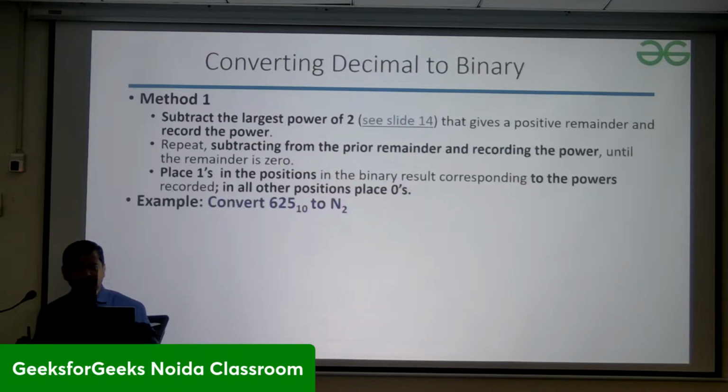Okay, so this is decimal to binary, conversion from decimal to binary. What it says, I'm using some different method. This particular method says that subtract the largest power of 2 that gives the positive remainder and record that particular power.